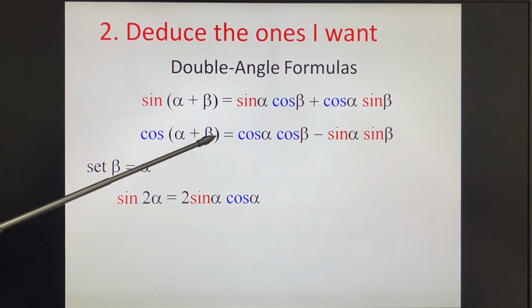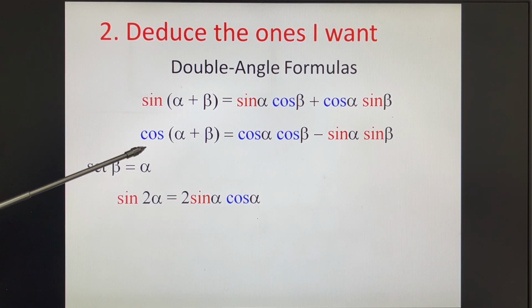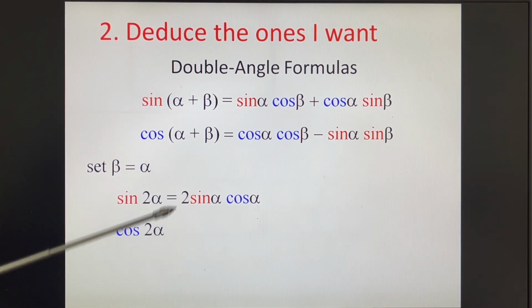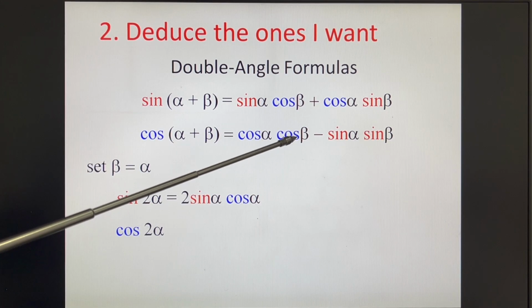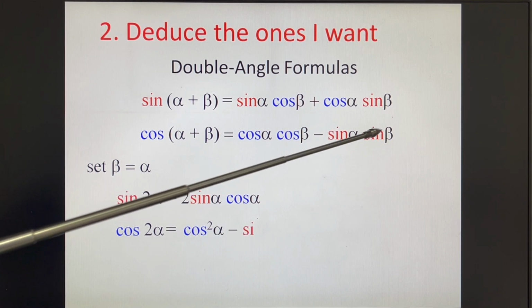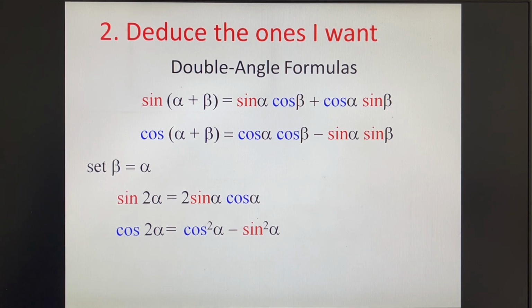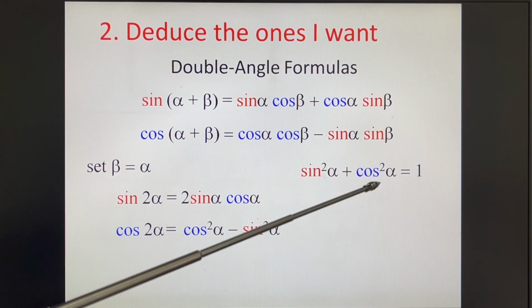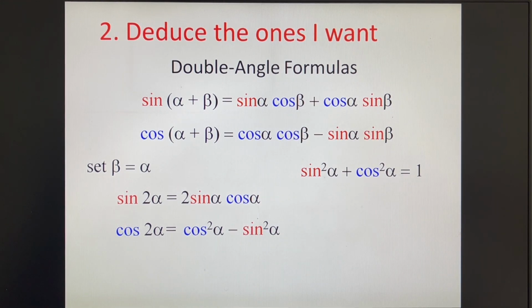Cosine of alpha plus beta, we set beta equal to alpha, you get cosine of alpha plus alpha. Cosine 2 alpha equals cosine alpha cosine alpha, cosine squared alpha, minus sine alpha sine alpha, sine squared alpha. As we know, sine squared alpha plus cosine squared alpha equals 1, the identity.